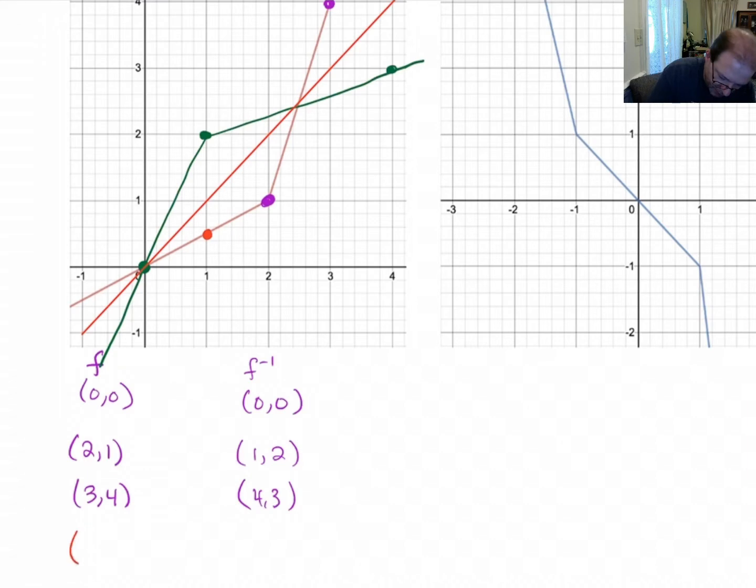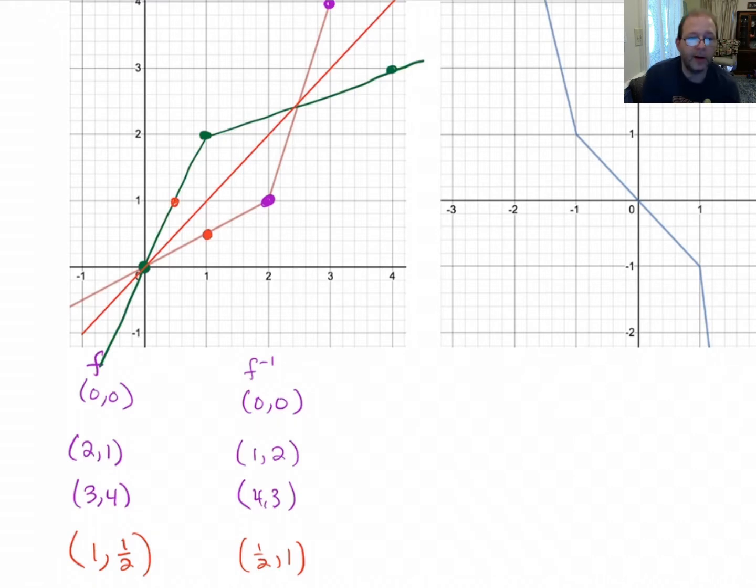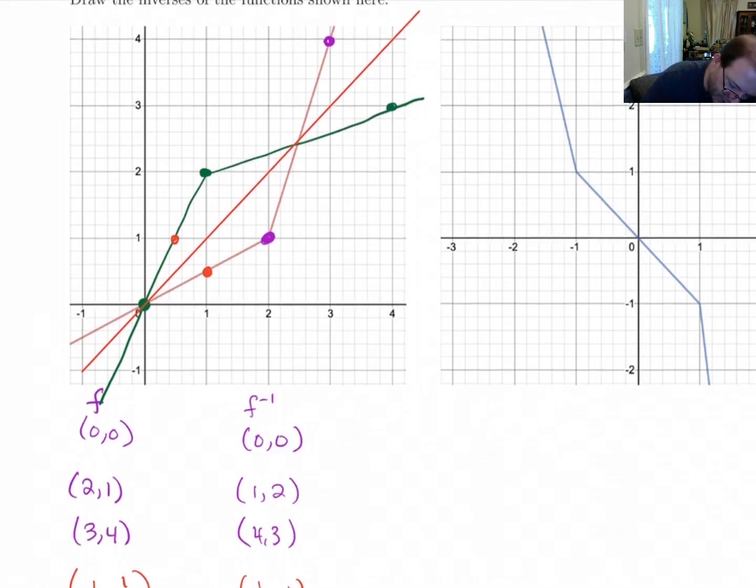That's 1, and it looks like the y-coordinate is 1/2. I guess it's not that ugly. So that means that over here we'd have the point (1/2, 1). If you go over here, (1/2, 1), yeah, it goes right there. So for every point, by switching the x and y coordinate, it really just reflects it across the line y equals x.